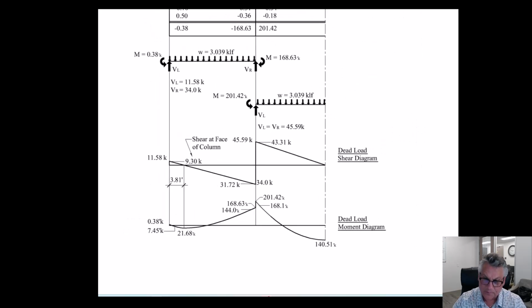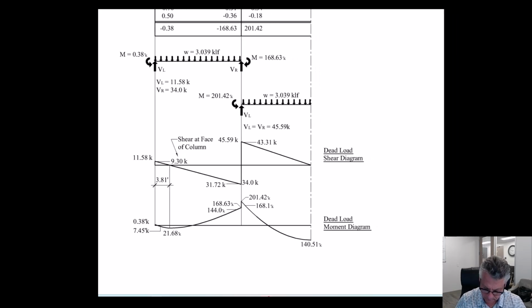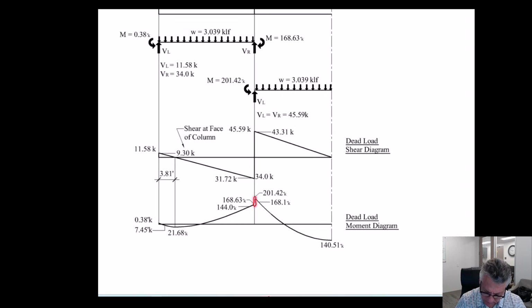So once again, we have pretty flimsy columns in a floppier 29'6" wide beam. We are going to have a jump. The jump, just like it was in the beam analysis, is what the column is taking out. Not a huge amount, though.